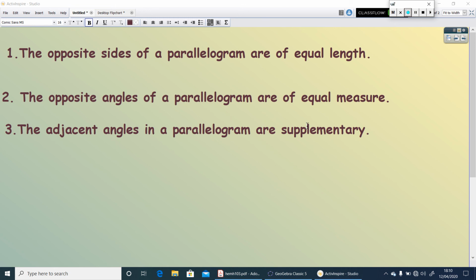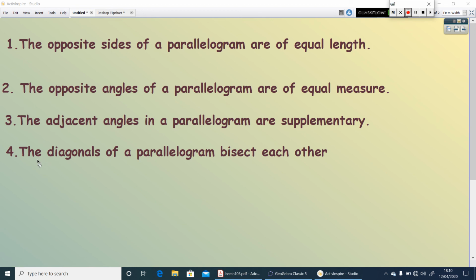That means the sum of the adjacent angles is equal to 180 degrees. And the last one is the diagonals of a parallelogram bisect each other. These are the four properties of a parallelogram. That is all for today's class.